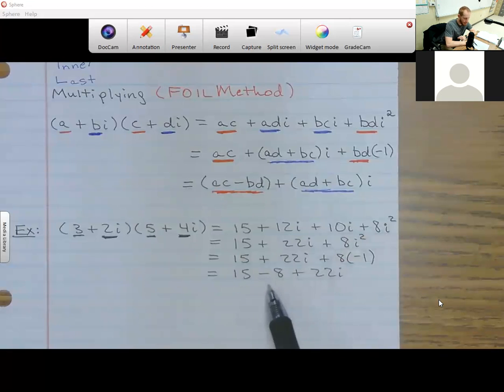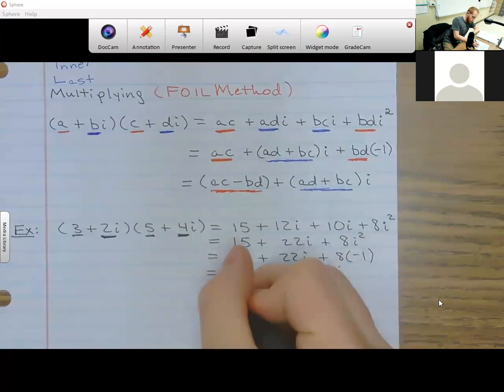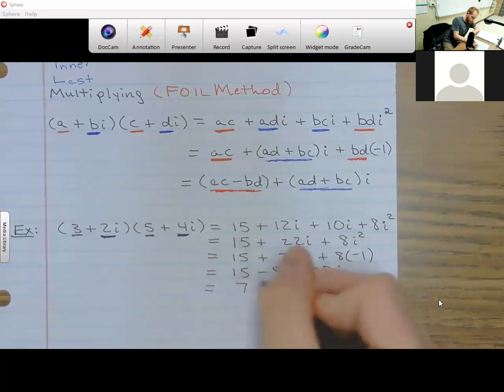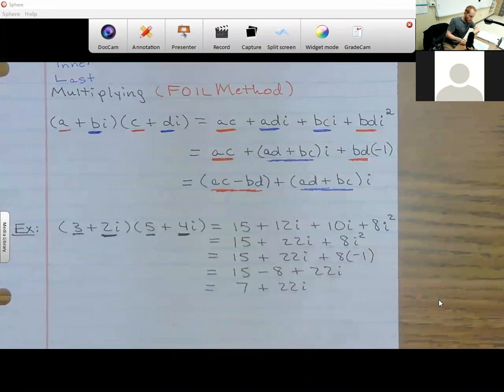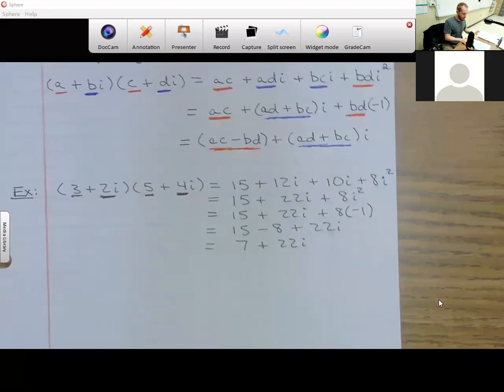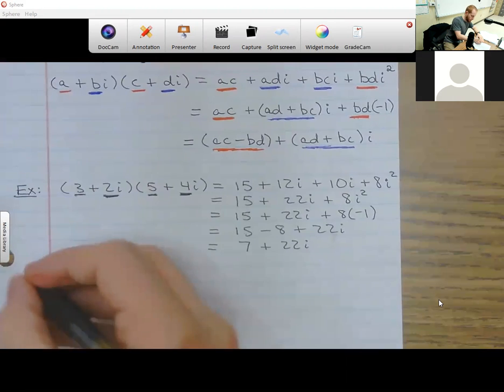So what's 15 minus 8? Or 15 plus -8? That would just be a positive 7. So you would get 7 plus 22i. Okay? And that's all FOIL method. So let's do one more like that, and then we'll move on to division.